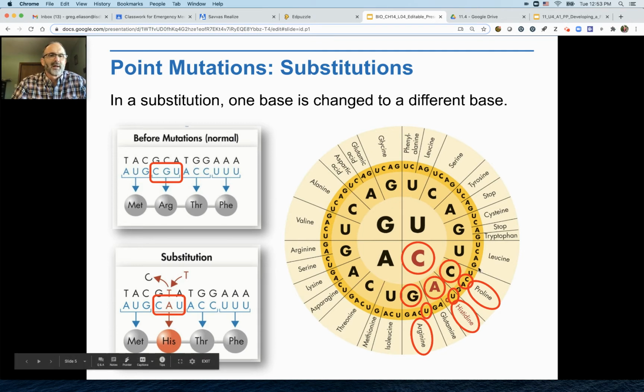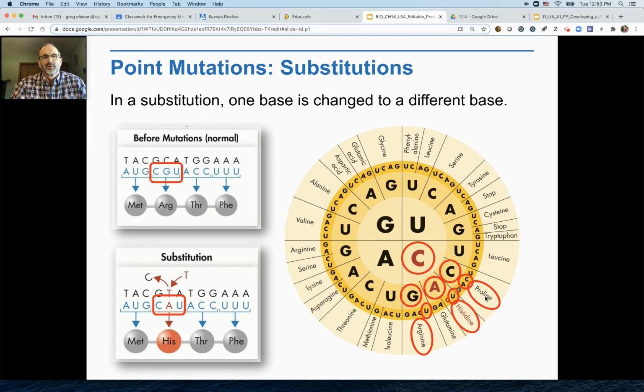So if we have a code for CCC, and we had a substitution that then made a code for CCA, they're still going to code for that proline. So a mechanism that creates no difference is you do have a change, and a change is a mutation. Okay.